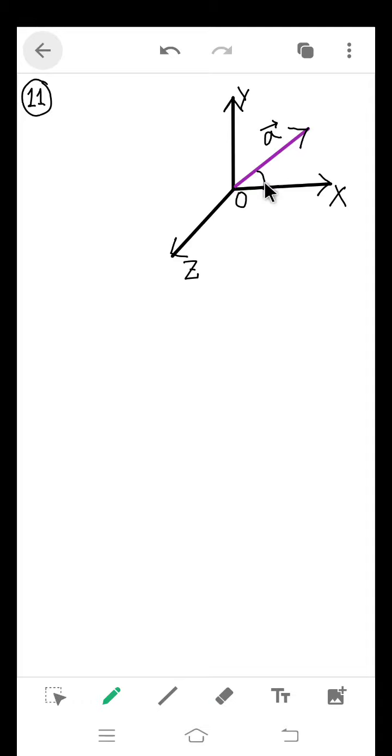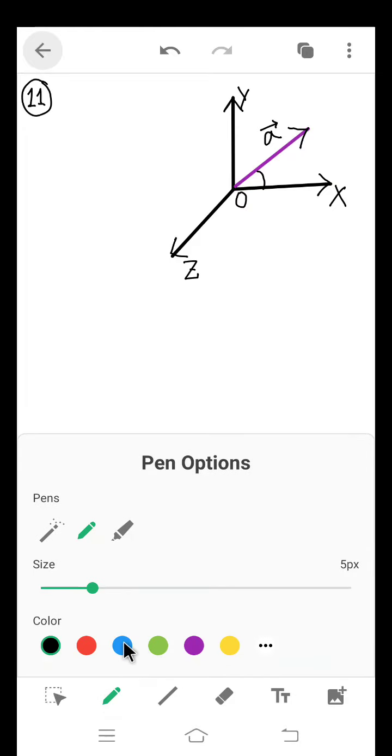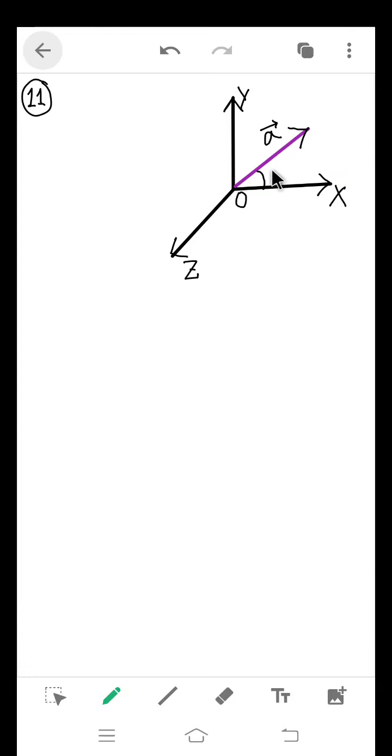Let the angle be theta. This is theta, this is also theta and this is also theta. तो तीनों एंगल सेम है. जब तीनों एंगल सेम होगा तो हमको ये प्रूव करना है कि डायरेक्शन कोसाइन्स नथिंग बट 1 by root 3, 1 by root 3, 1 by root 3.